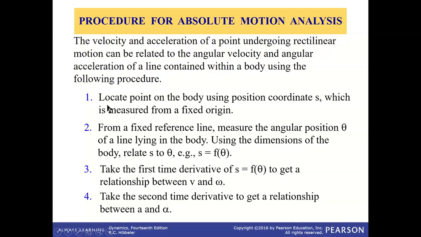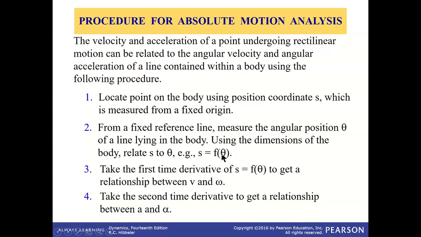The first step is we need to define a point on the body using the position coordinate s, which is measured from a fixed origin, as explained in the previous examples. From a fixed reference line, we need to measure the angular position theta of the line lying on the body. And then using the given dimensions, we need to relate s to theta. That means we need to define the position as a function of theta.